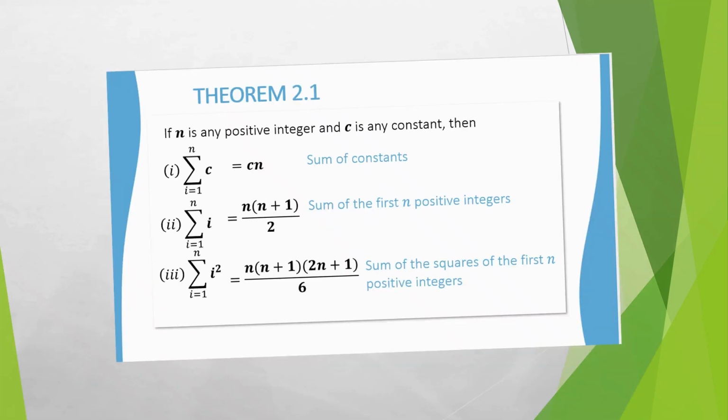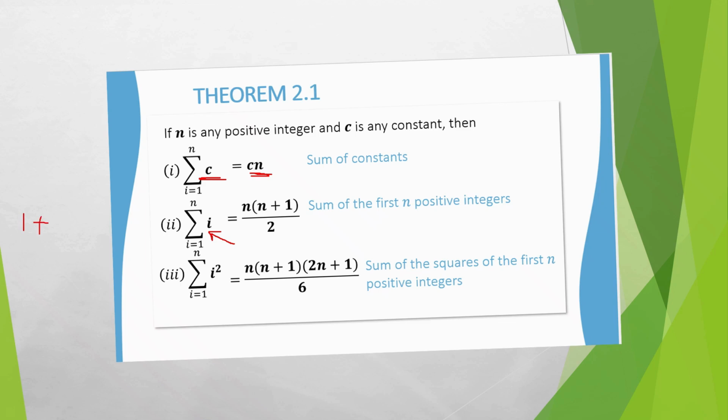Let's move to the formula. Please note, if you are finding the sigma of just a constant, the formula is Cn. If your expression is just i, a natural number, replace your i value starting from 1 up to n.